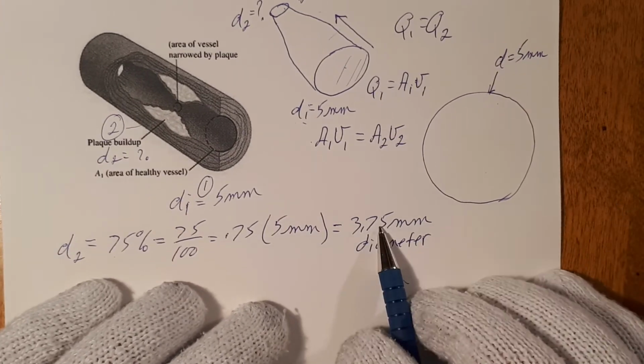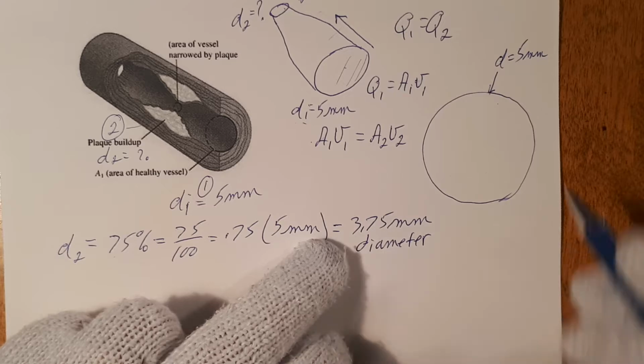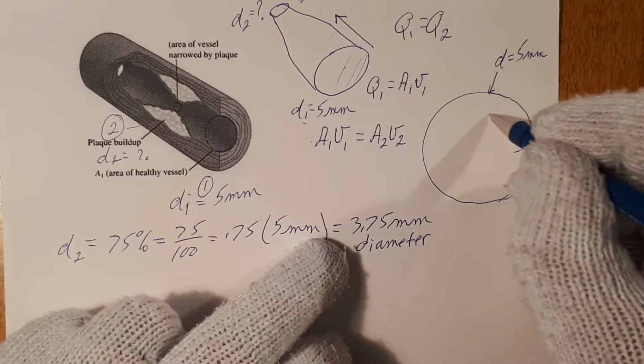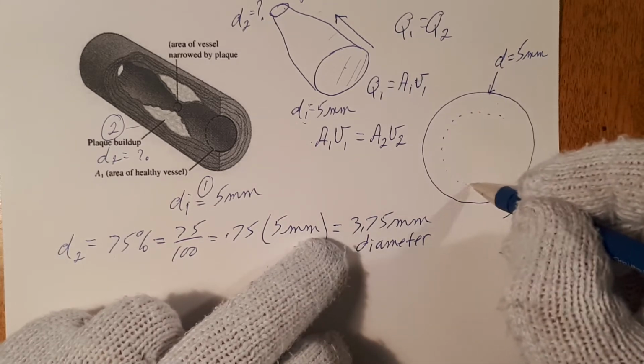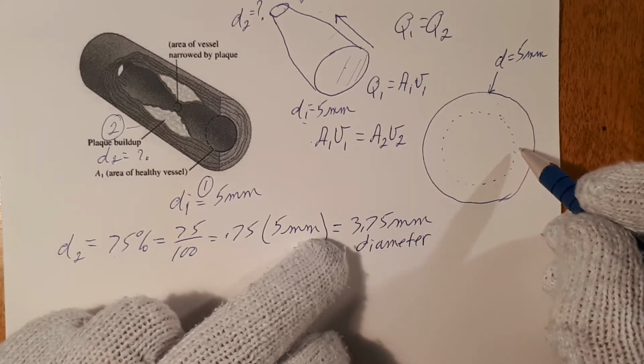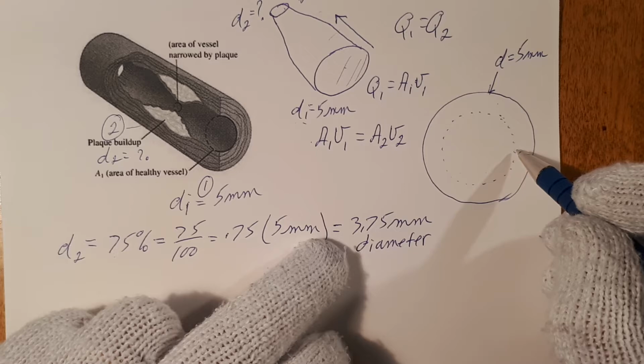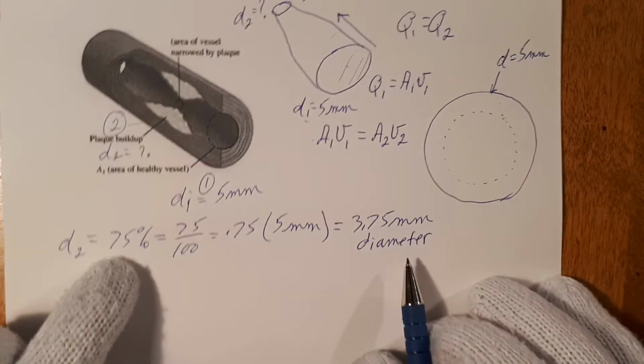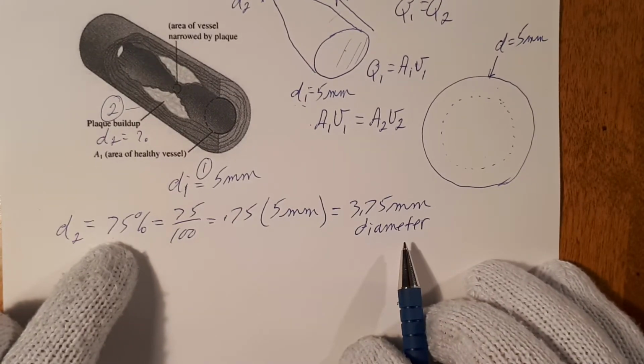And this diameter, 3.75 millimeters, would be somewhere about here. That would be the diameter at 3.75 millimeters. That's a 75% blockage? That doesn't quite look right.